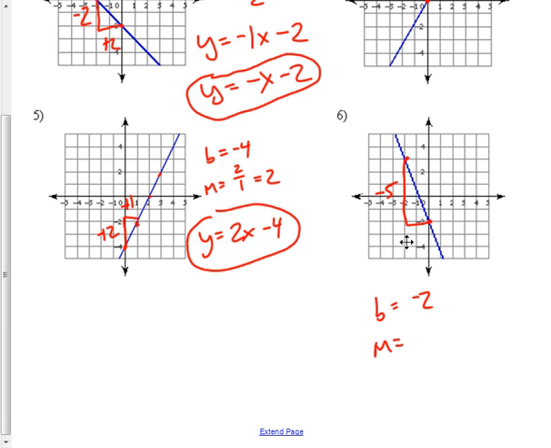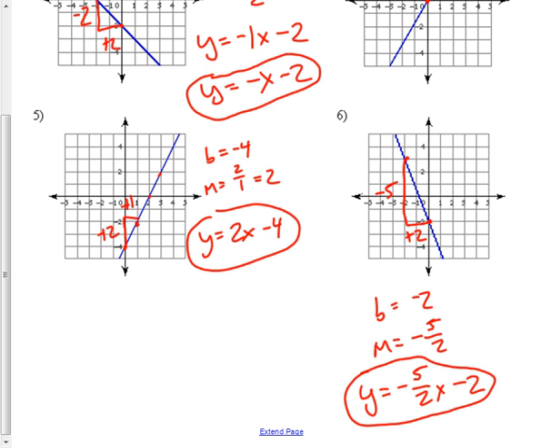So -5 plus 2. So our slope will be -5/2. So when we write that as an equation, it would be y equals -5/2 x minus 2. Okay, and so that is the correct way to write that in slope-intercept form.